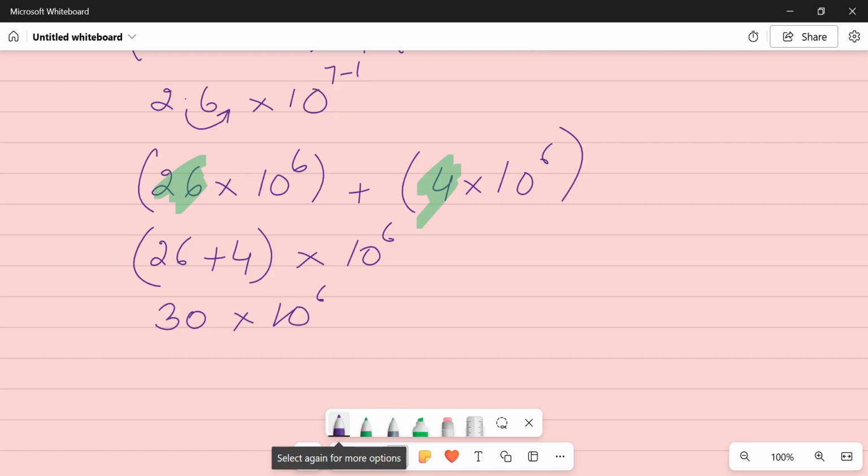But students, can you see this 30? This 30 is not the standard form. The standard form numbers are from between 1 till 9.9. So we need to convert this into a standard form. How are you going to convert this?